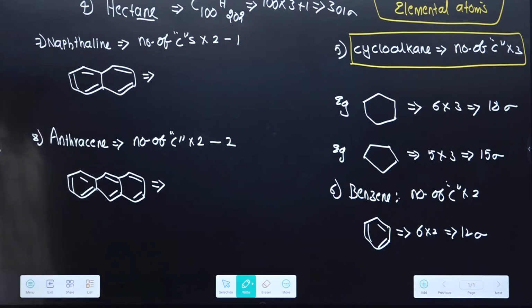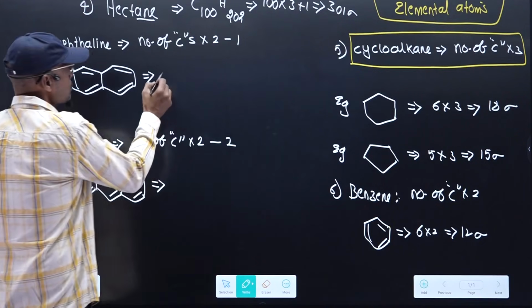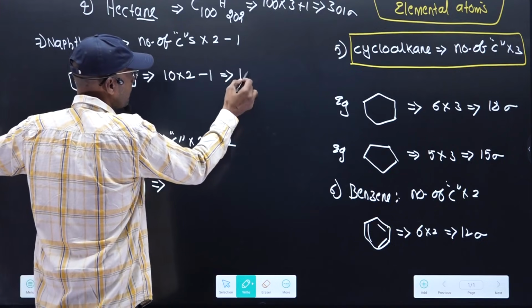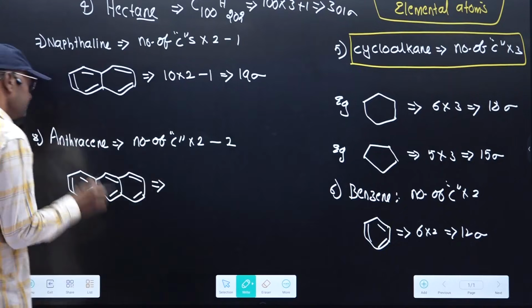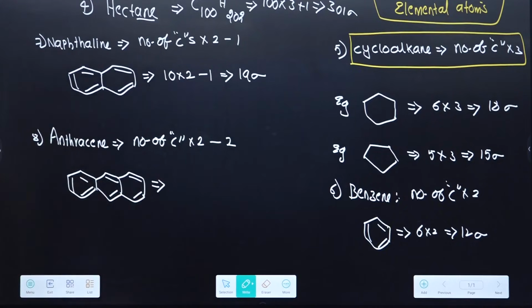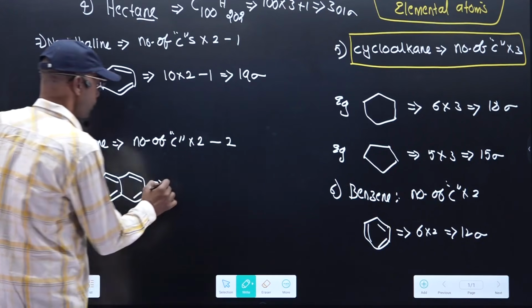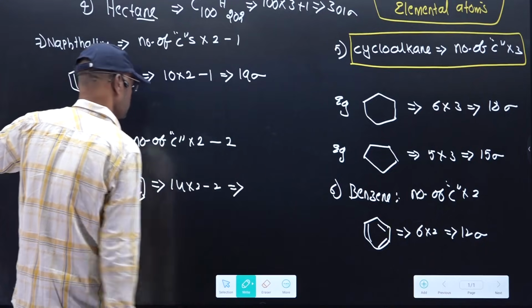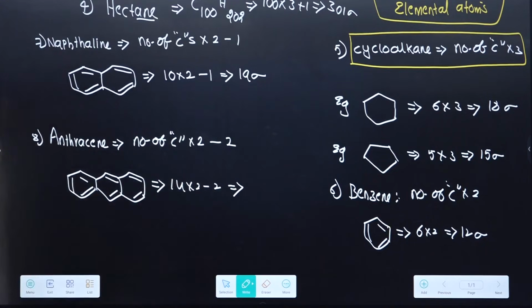Naphthalene, N-A-P-H, not N-A-P-T-H, naphthalene, number of carbons multiply with 2 minus 1. How many carbons are present in naphthalene? 10, or not? So I can say 10 into 2 minus 1. How many? Now here, 14 or not? 14 into 2 minus 2. 26.